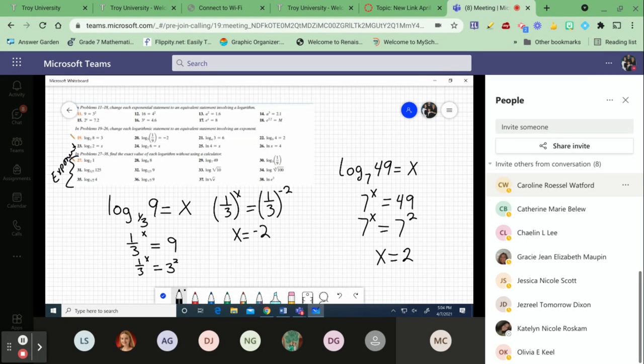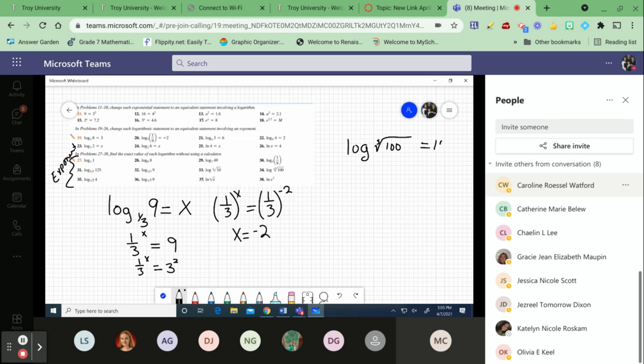What is my base here on problem 34? When it's a log, L-O-G, what's the base, the given base, if nothing else is written there?